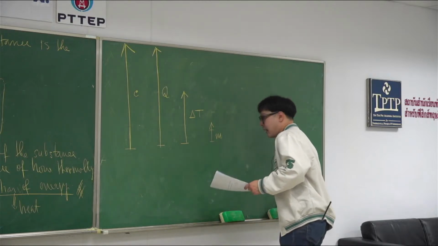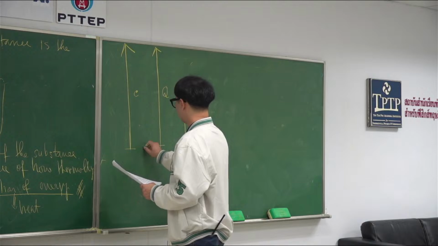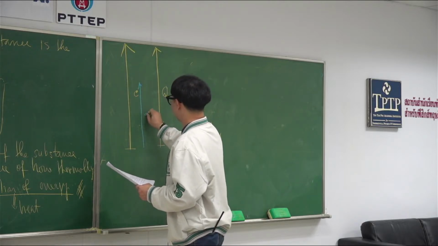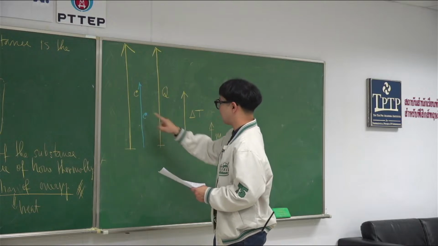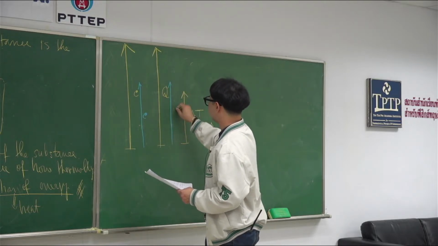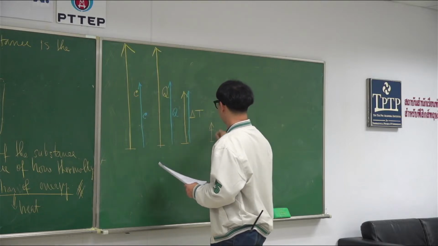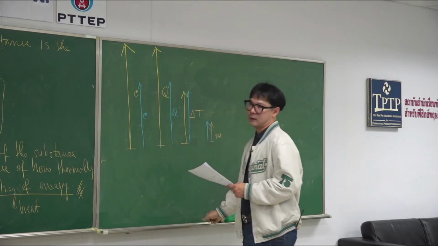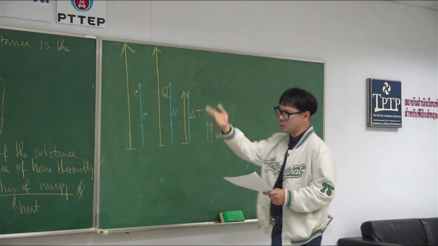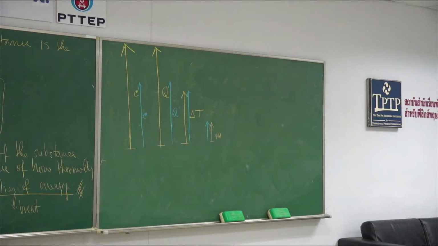So in a different material, you have to put different Q to give rise to exactly the same temperature change with exactly the same mass. It varies, as I mentioned, from one substance to another substance. Yeah. Okay, is that clear for you? Okay.